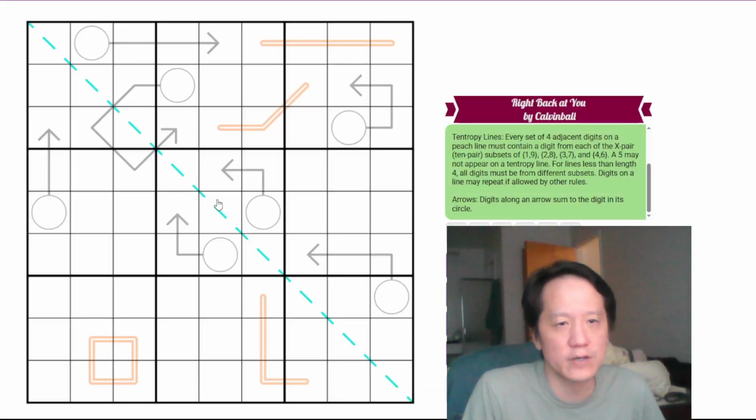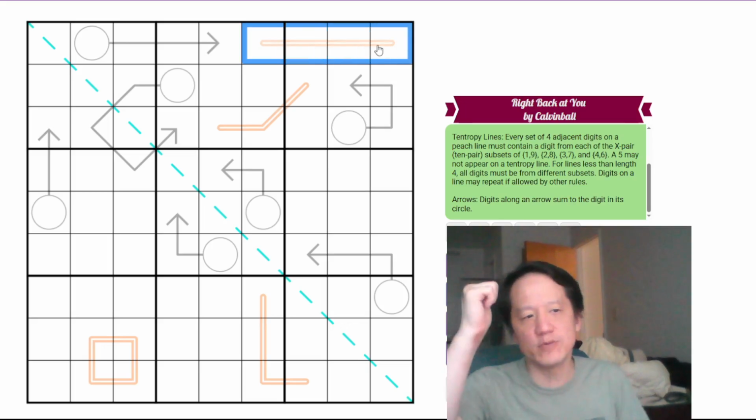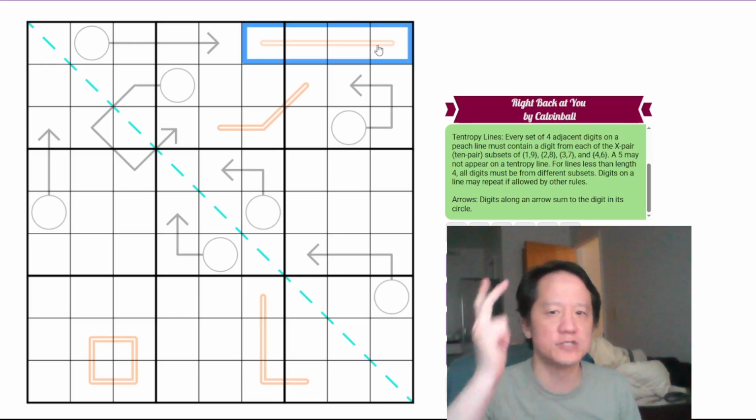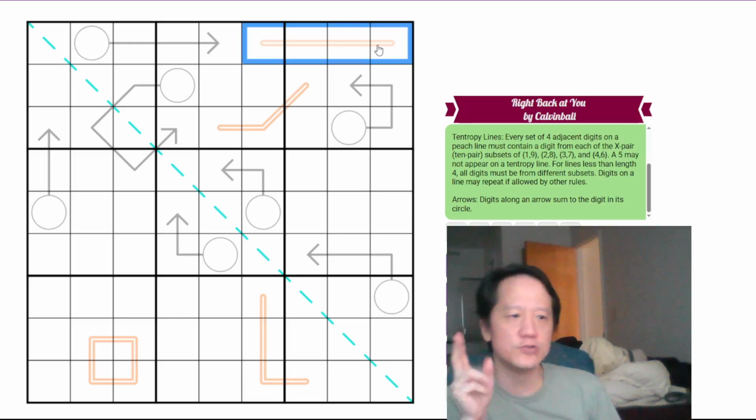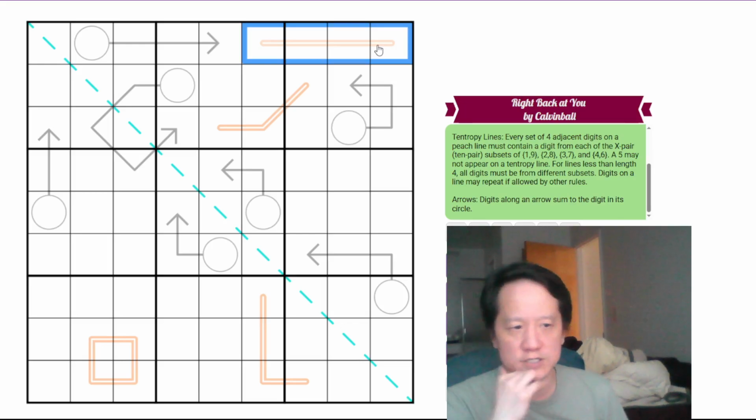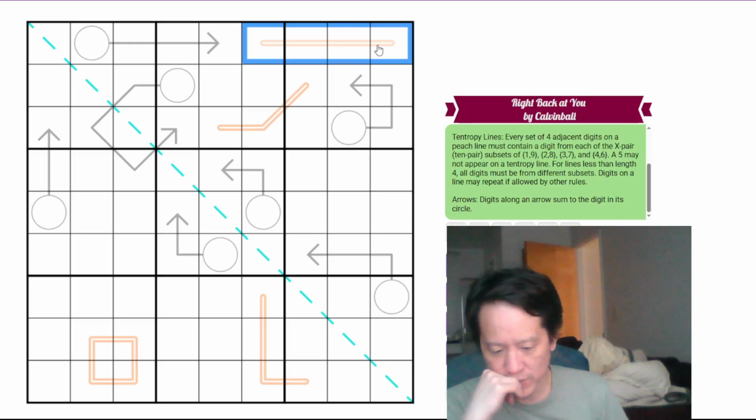Let's go. Okay, how do we tackle this? Well, we know you have one from each set of 1, 9, 2, 8, 3, 7, and 4, 6. That gives you 2 evens and 2 odd digits here, guaranteed.